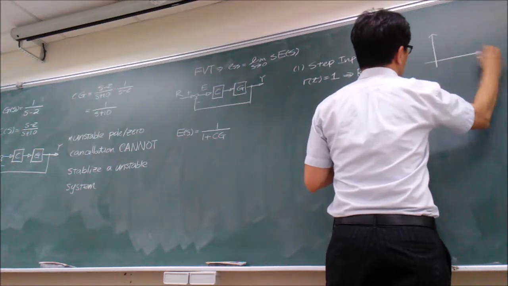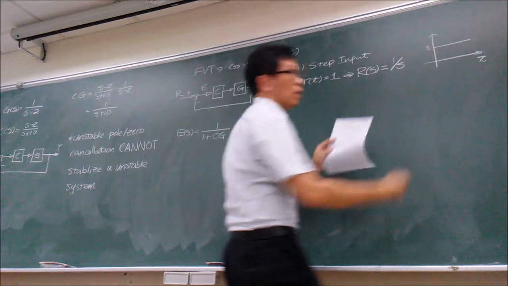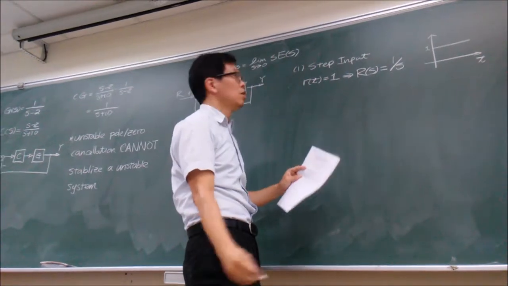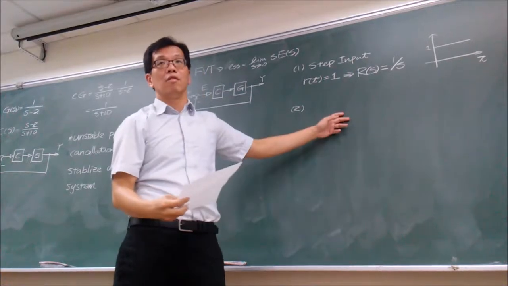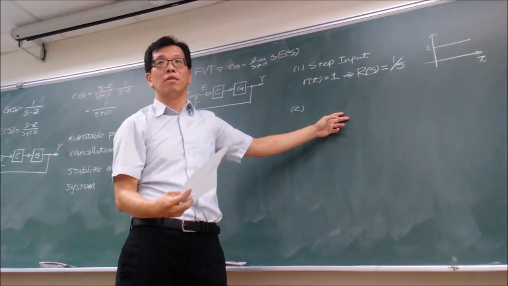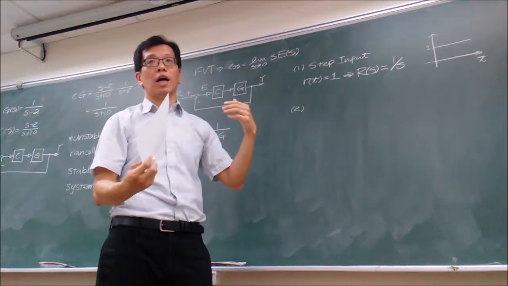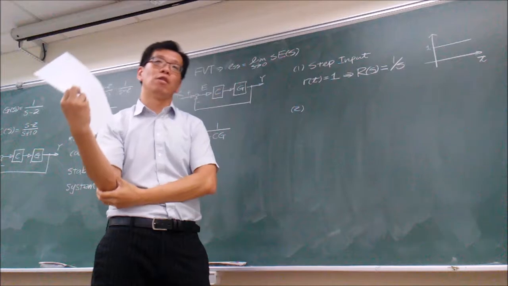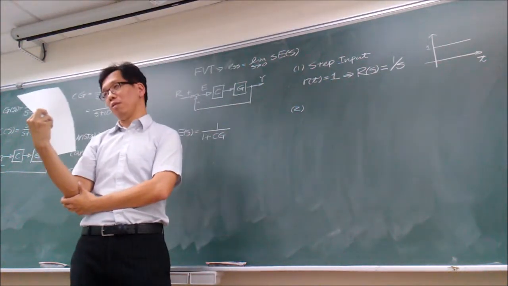In other words, I'm looking for something like this. Okay? If you have a motor and you put it on the elbow of a robot, are you going to use a unit step input?